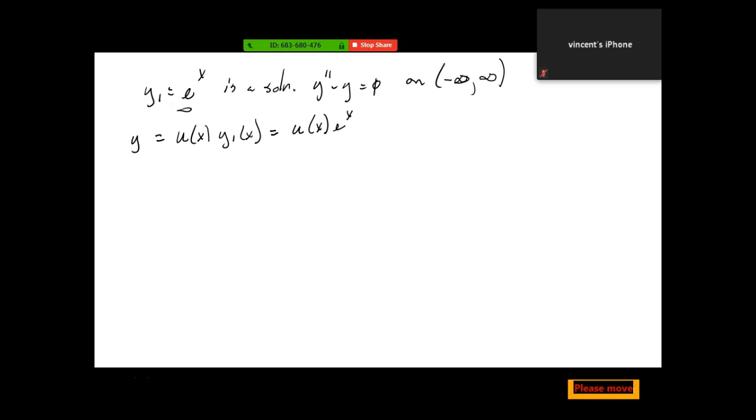Okay, now what we're going to do is see if this new function here will solve that second order differential equation. So what we've got to do is take the first derivative of it first, and that's going to be product rule. You tell me. Taking the derivative of that equation right there.